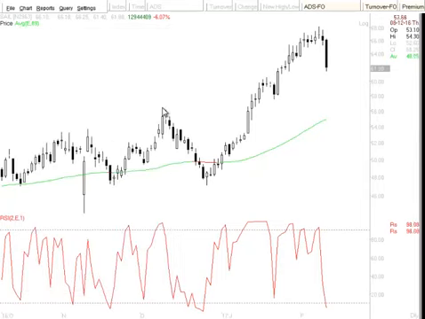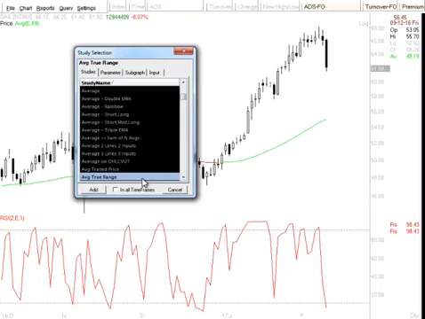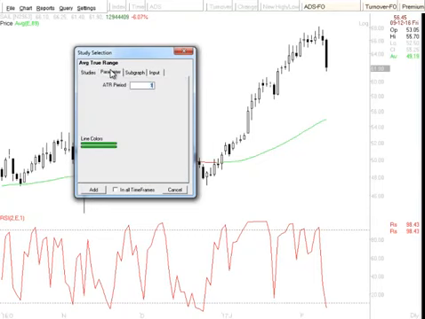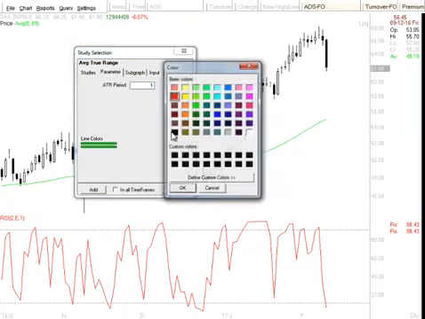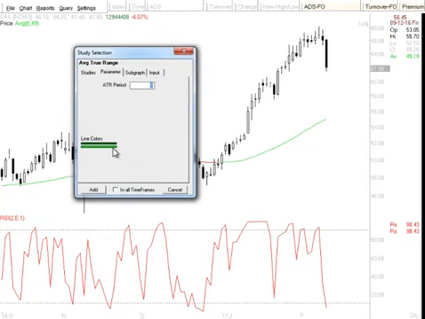Now comes another indicator called the ATR, average true range. I'll tell you what it is. 1 period average true range. Now this is where the trick is.